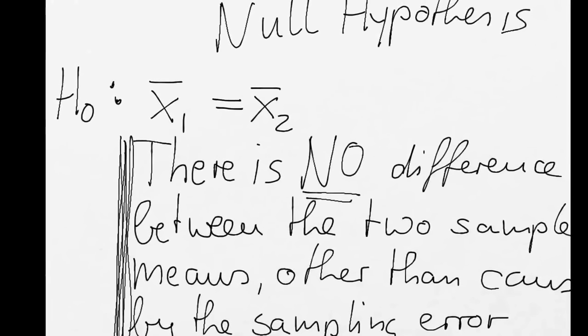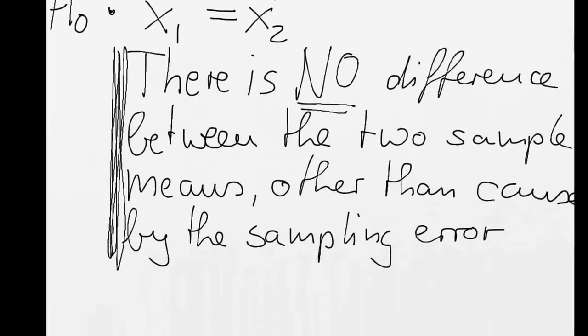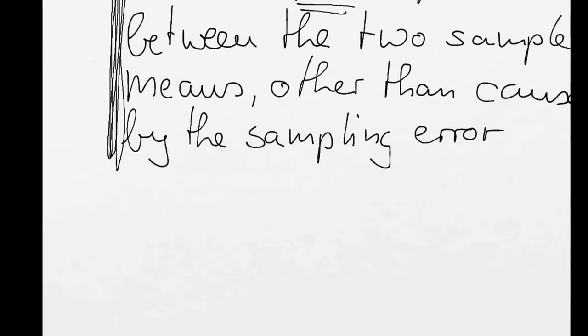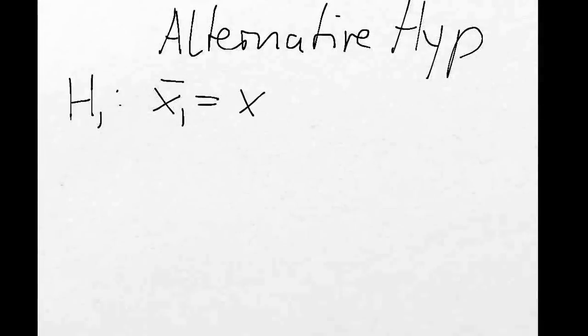We can come up with an alternative hypothesis. The alternative hypothesis, and we would call that H1, is the two means are not the same.